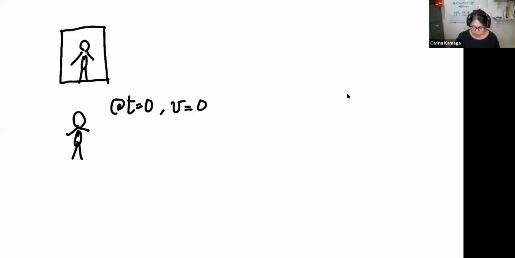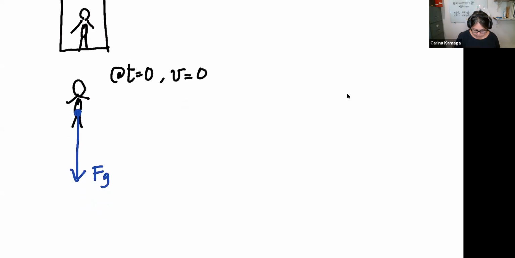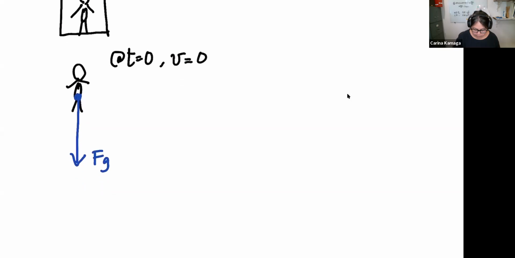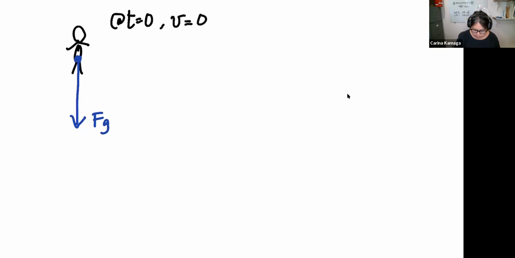So the only force applied on you is the gravitational force immediately after you step out of that helicopter. Then what happens a little bit later? There's only gravitational force, so you're going to go down, something like this. Your gravitational force stays the same.